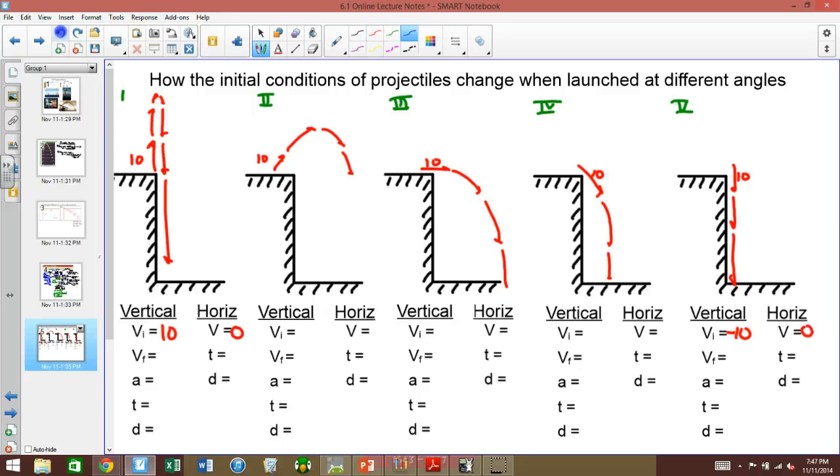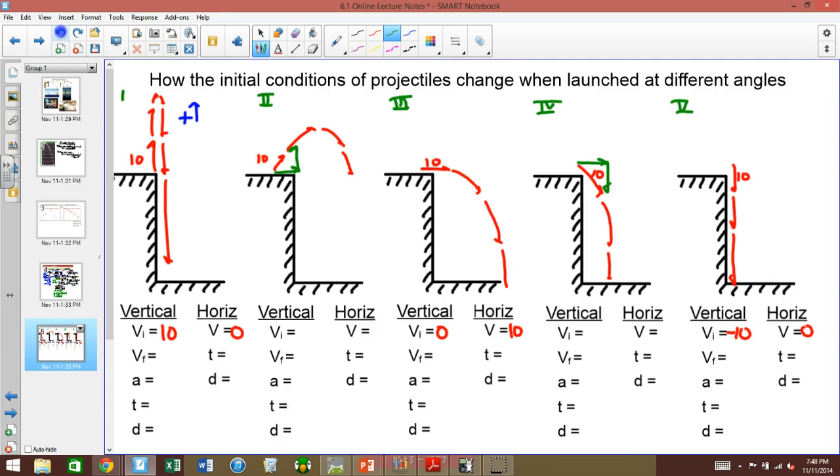So in every case, I'll just say up is positive to keep it all the same. Look at case 3. This one is being launched completely horizontally and there's no vertical component initially. In cases 2 and 4, you're going to have to find the x and y components.